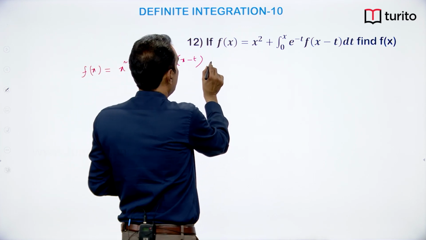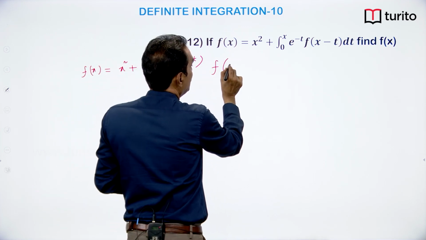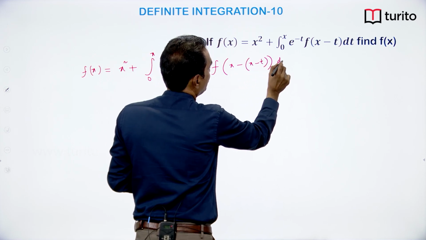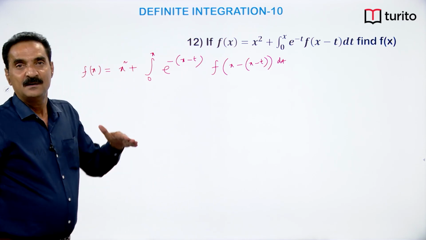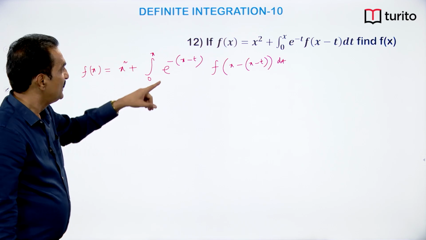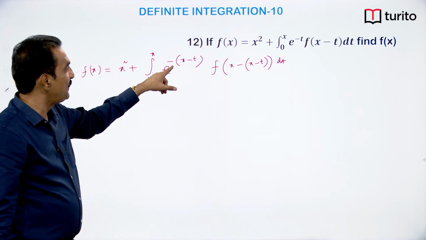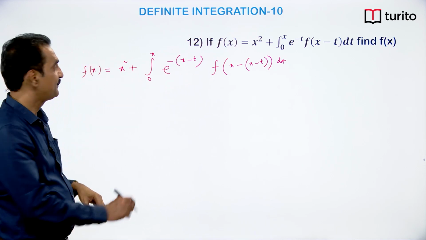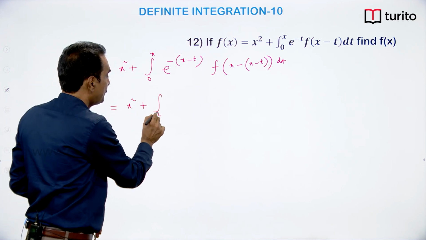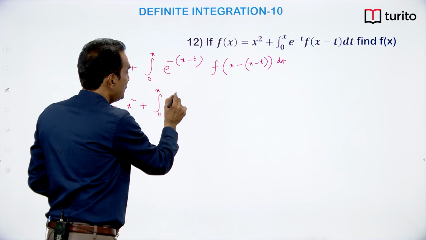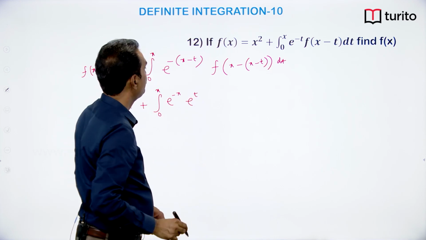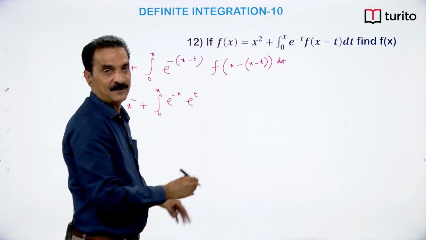And here also f of x minus of x minus t dt. Before differentiation, we have applied the property in the integral. What happens? This becomes e power minus x into e power t. Integral e power minus x into e power t, and what is this? f of t.